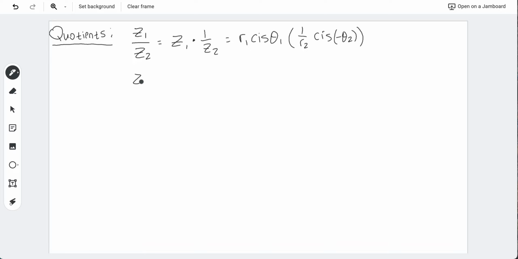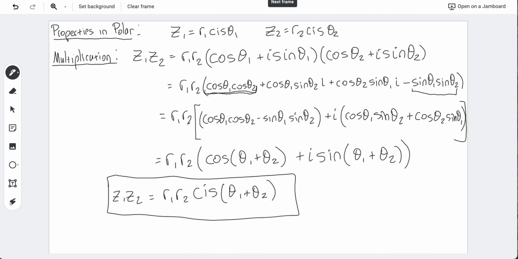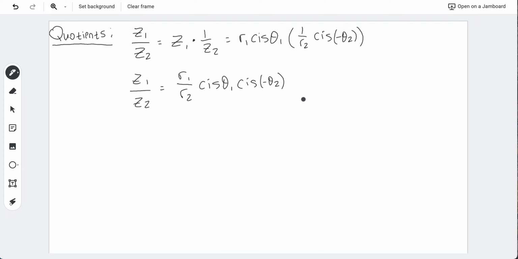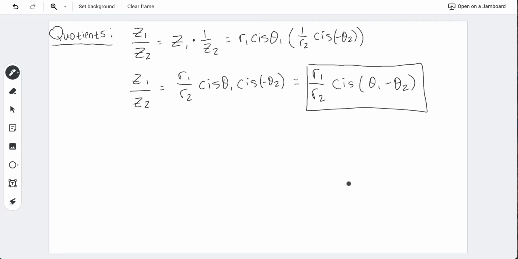So then z1 over z2 is equal to r1 over r2 times cis theta 1 cis negative theta 2. And then I can go back to my rule for multiplication and just say, oh, well, if I'm multiplying two things, I just add the angles. So this turns into r1 over r2 times cis of theta 1 minus theta 2. And that's our quotient rule for complex numbers.